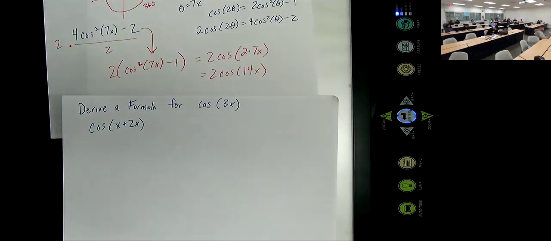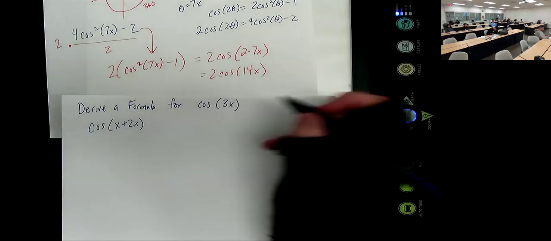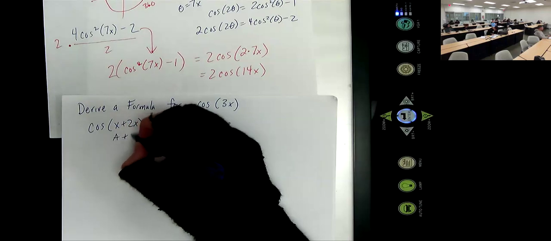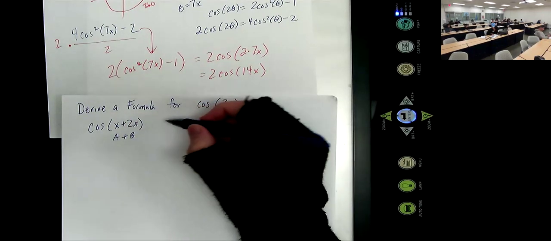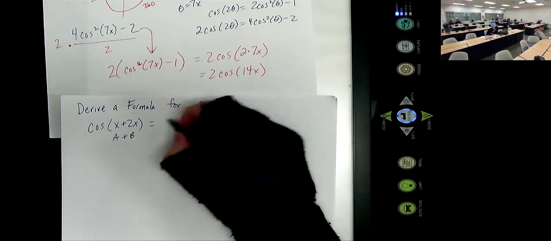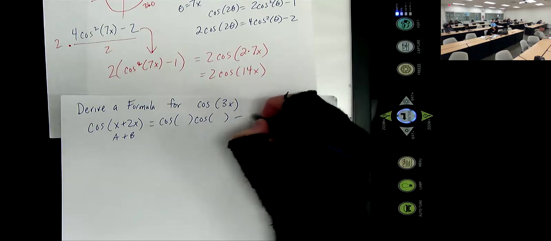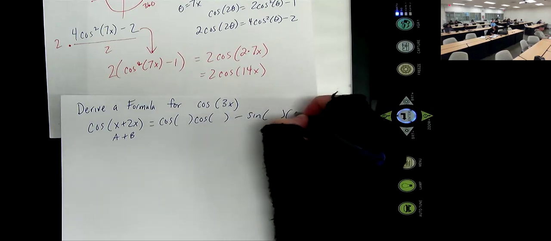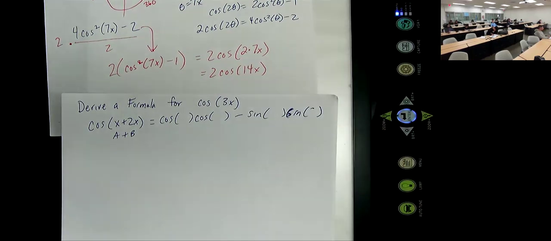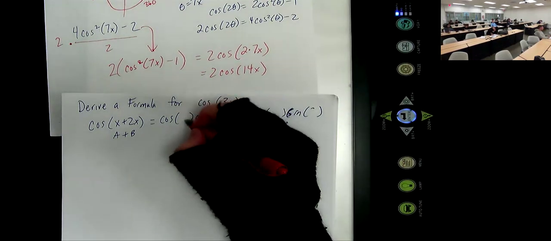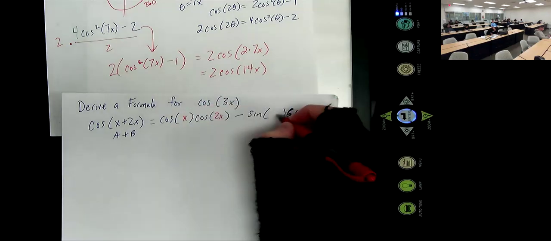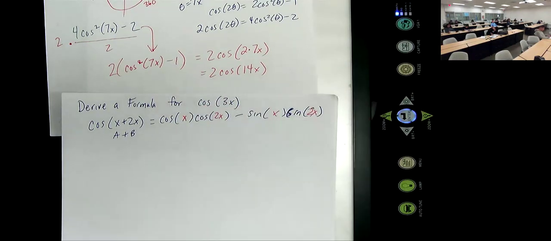We can do that. So that looks like a plus b. The a plus b formula had cosine listed twice and minus sine listed twice. And we'll plug in our a and our b, we've got an x and a 2x.